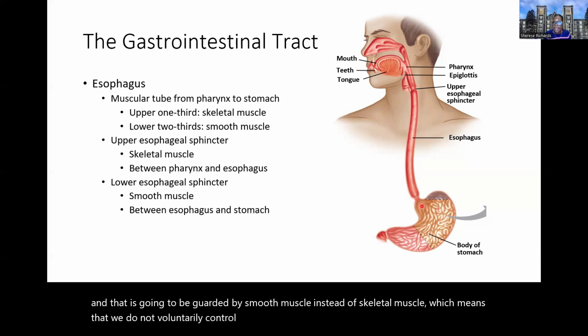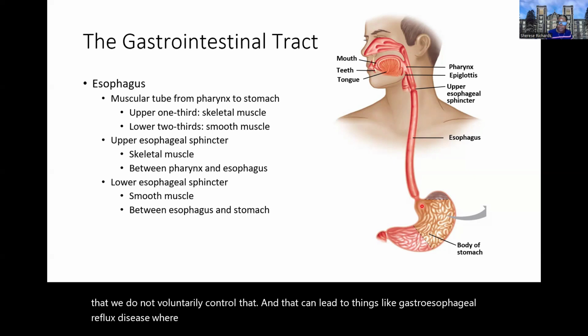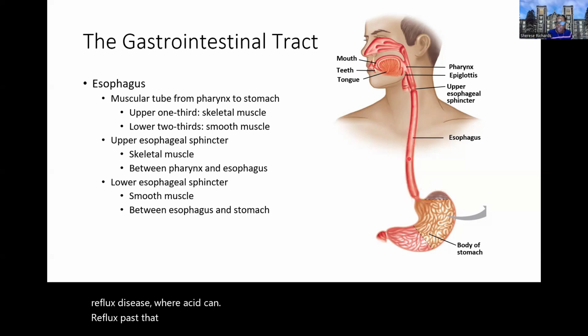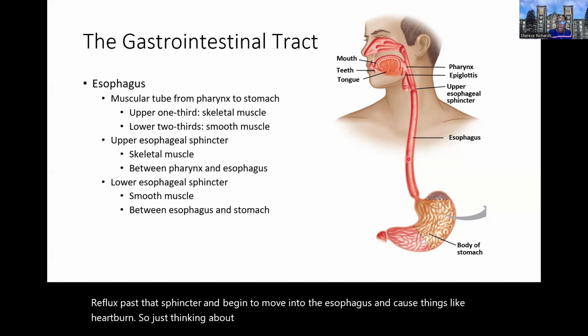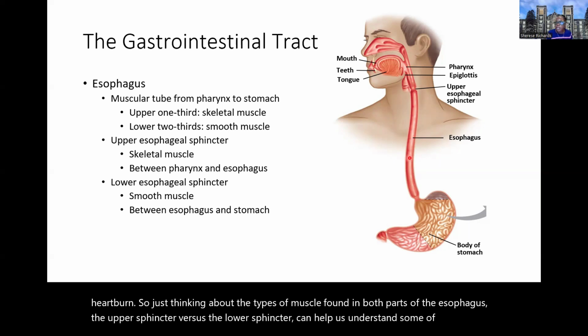And that can lead to things like gastroesophageal reflux disease, where acid can reflux past that sphincter and begin to move into the esophagus and cause things like heartburn. So just thinking about the types of muscle found in both parts of the esophagus, the upper sphincter versus the lower sphincter, can help us understand some of the pathology that we see in these two parts.